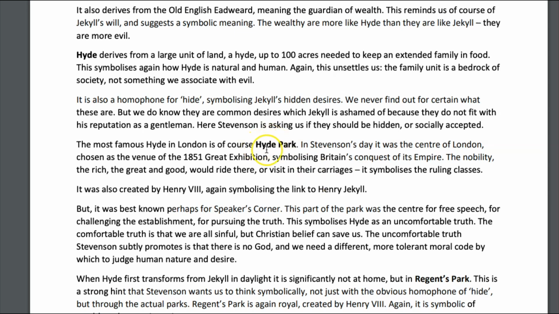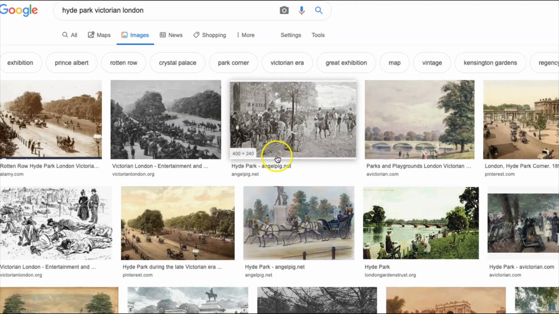But even more importantly, Hyde Park is the scene where gentlemen would have gone to parade themselves. So here's Hyde Park, Victorian London. Look, you couldn't just turn up at a woman's house and expect to be admitted and meet her. But if you wanted romance with people of the same class as you, well, this image in particular shows it.